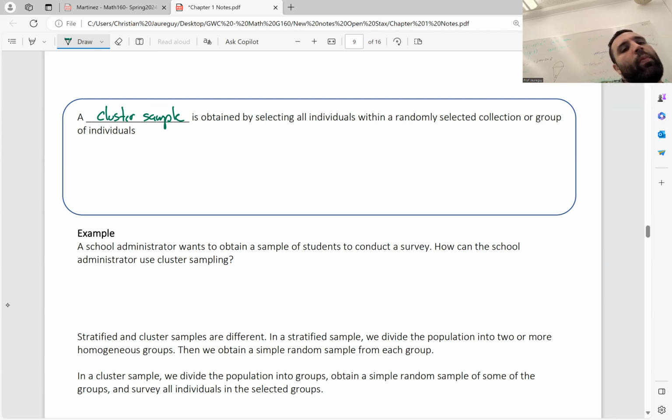This definition is not so clear, so we can clarify by saying something like this: entire groups are randomly chosen.